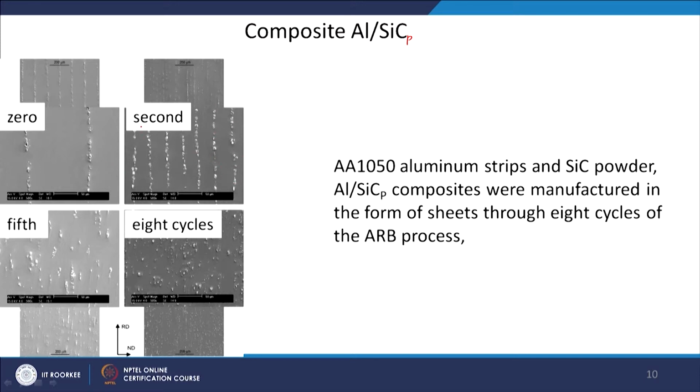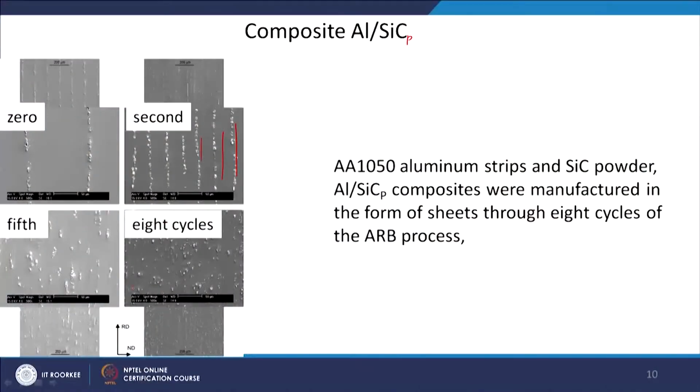You can very clearly see the effect of the stacking. All the silicon carbide particles are in one line. By the fifth pass they are getting distributed, because as we already know there are a lot of shear strains acting at the interfaces. So the distribution and the breaking of this linear arrangement starts.